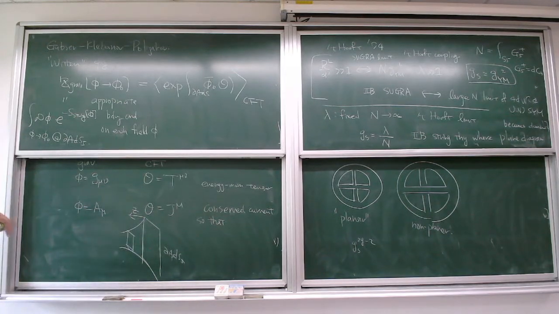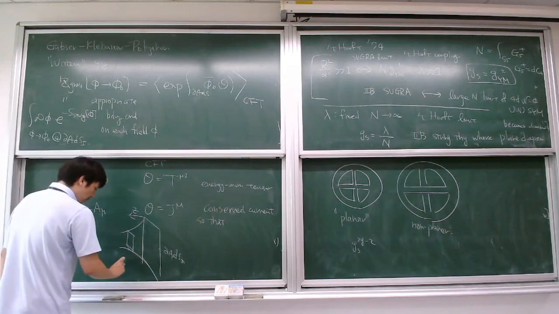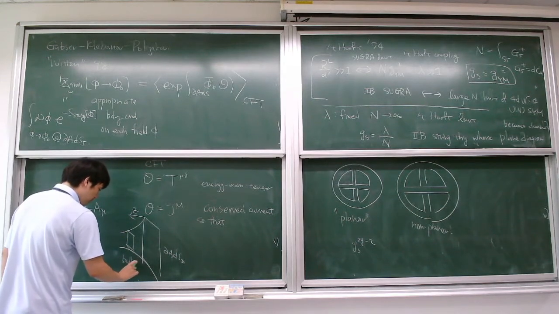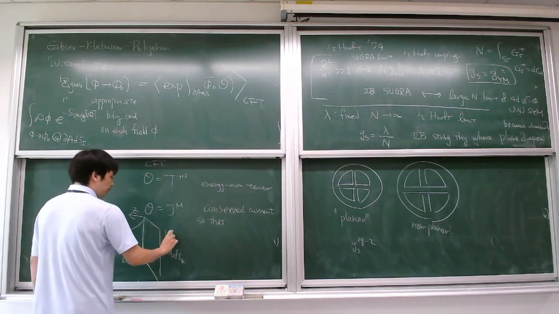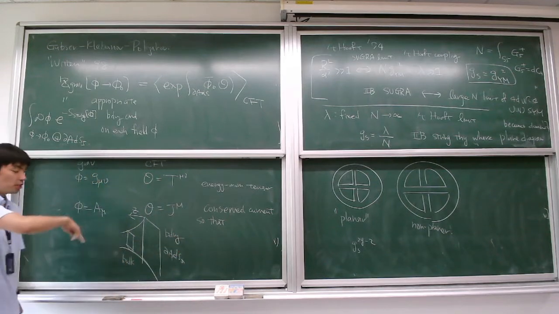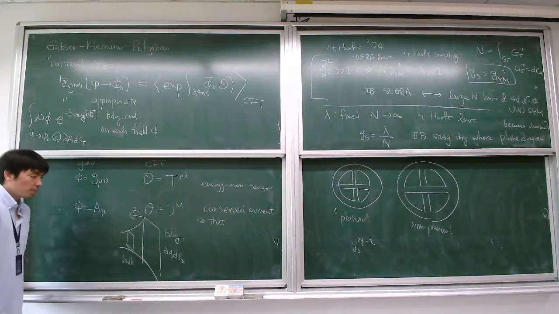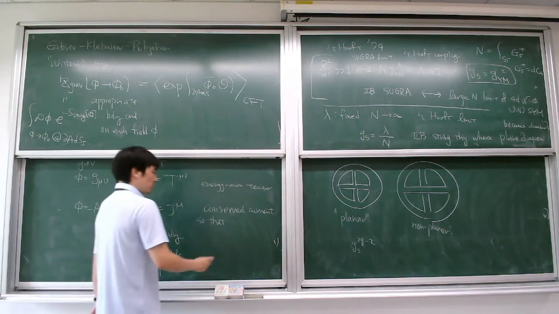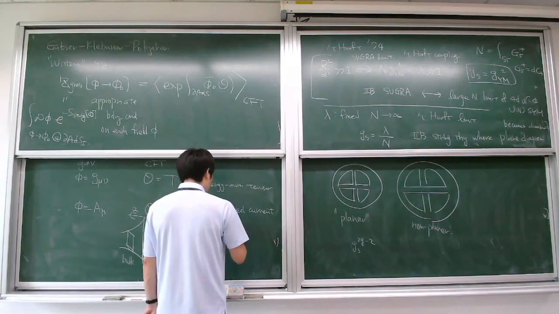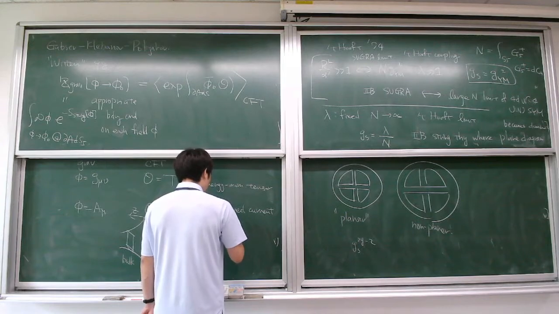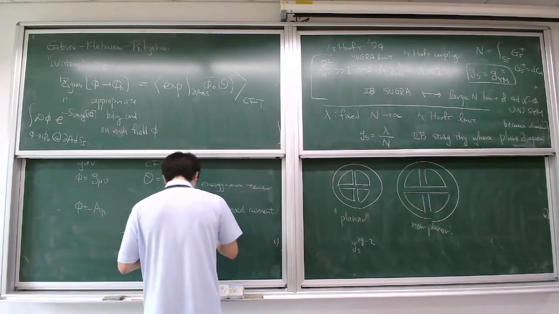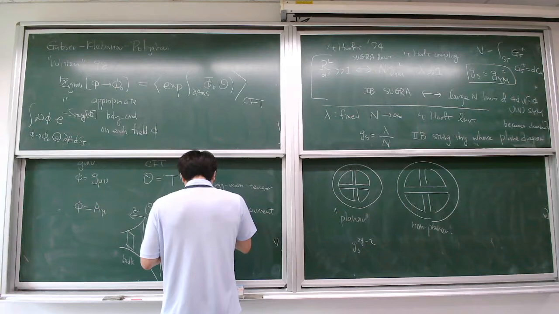If you have a gauge field in the bulk, it's a local symmetry, and at the boundary the gauge field A mu becomes a global symmetry current.